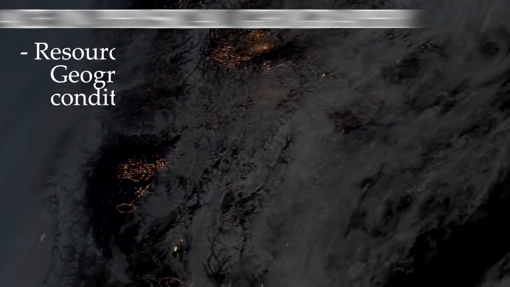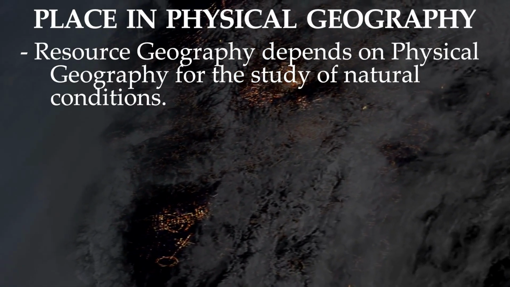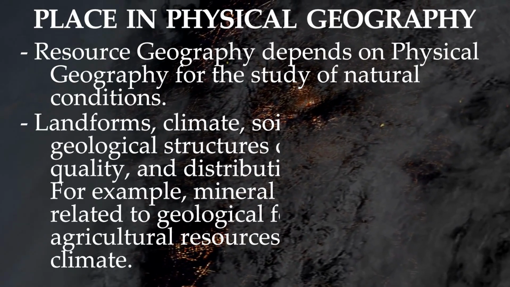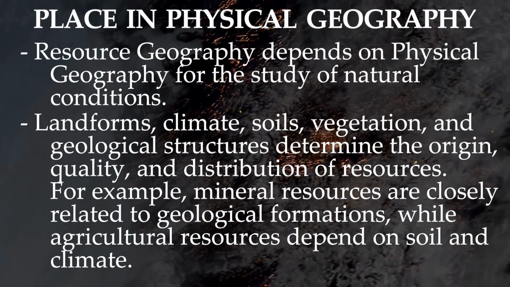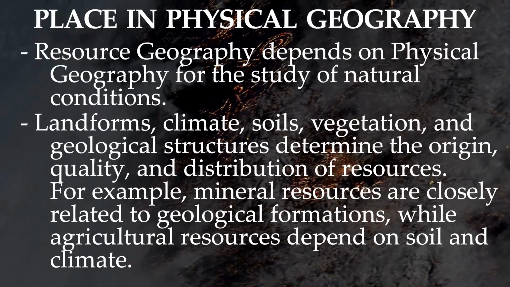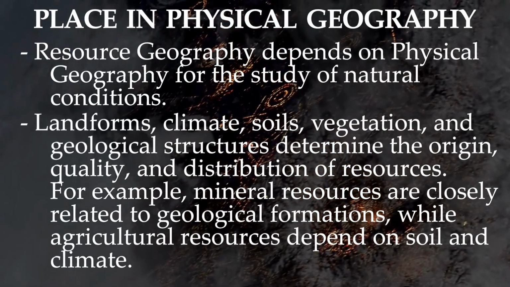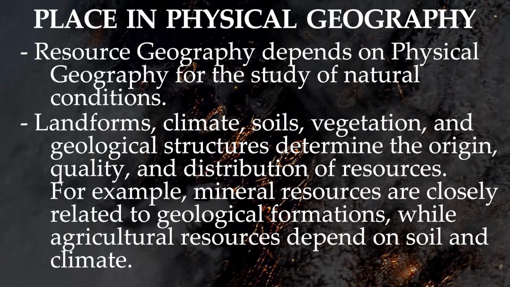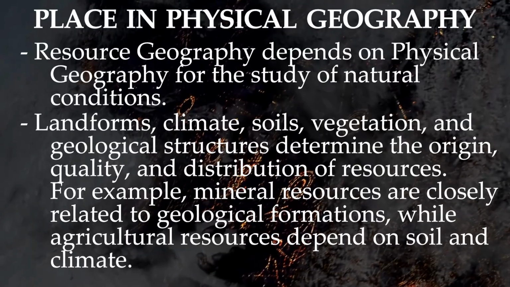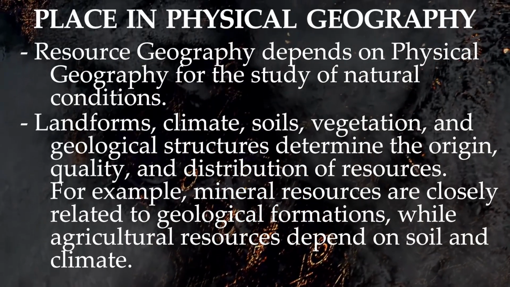First of all, I am going to focus on how physical geography and resource geography are interlinked. Resource geography depends on physical geography for the study of natural conditions. The landforms, climate, soil, vegetation, and geological structure all determine the origin, quality, and distribution of resources. For example, mineral resources are closely related to geological structure, whereas climate and soil determine agricultural productivity.